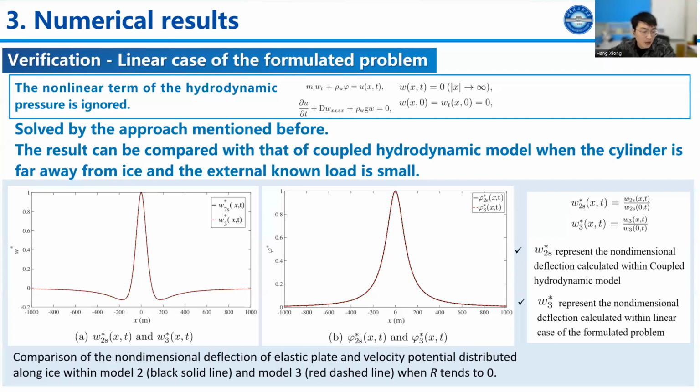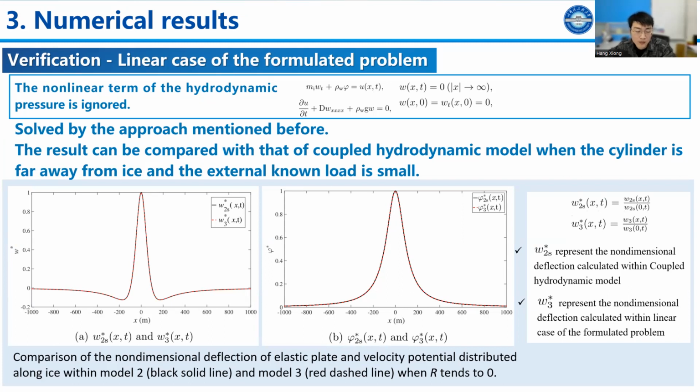The comparison of the longitudinal deflection and the velocity potential is shown here, and the figures show that they are in good agreement, indicating that the responses of the elastic plate with this model and the coupled hydrodynamic model are the same when R tends to 0.